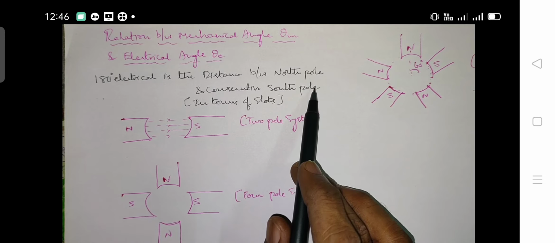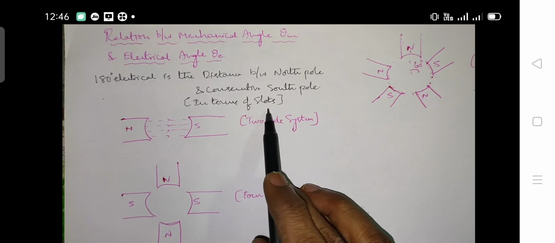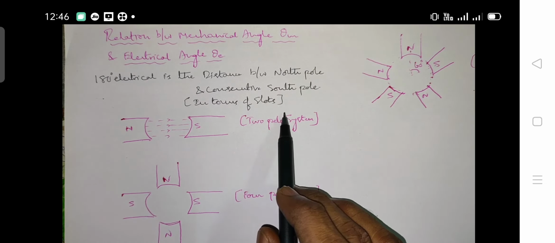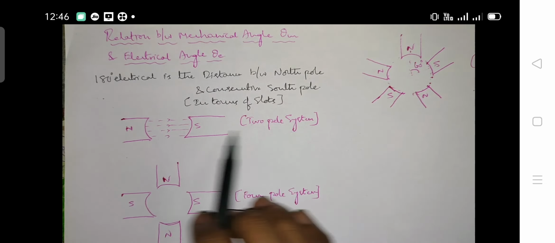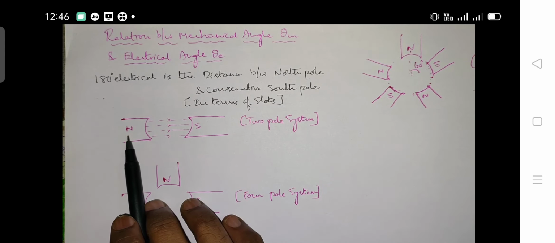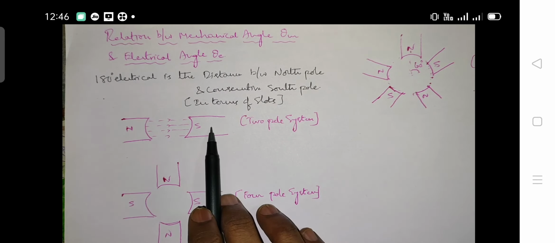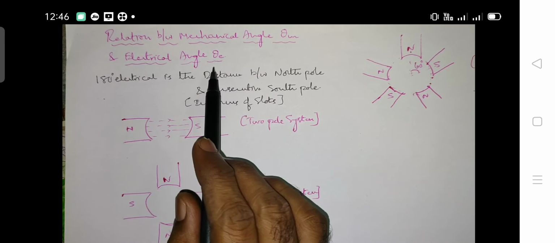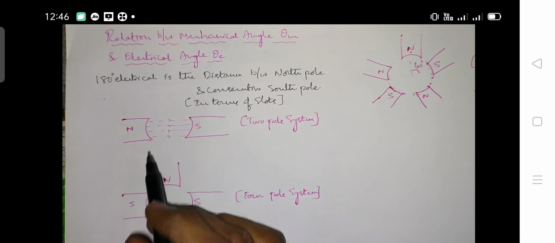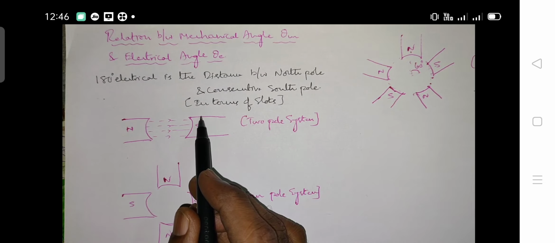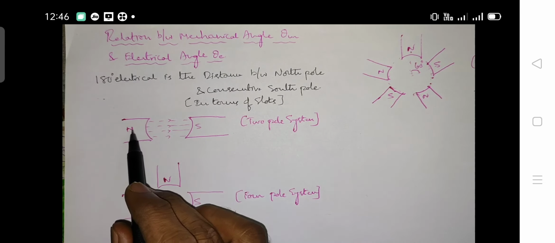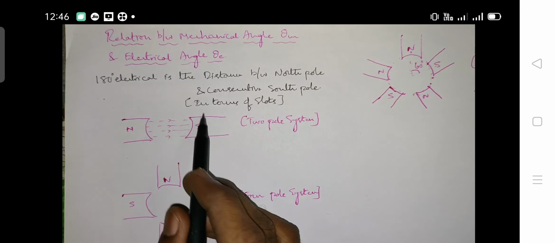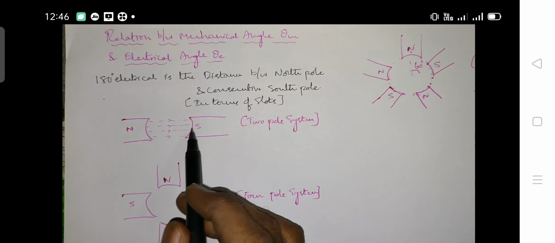Generally, this distance is measured in terms of number of slots. When we consider a two-pole system, we have a north pole and a south pole, and in this example theta mechanical and theta electrical are the same, because 180 degrees electrical means the distance between the north pole and the south pole. Here that is equivalent to the mechanical 180 degrees.